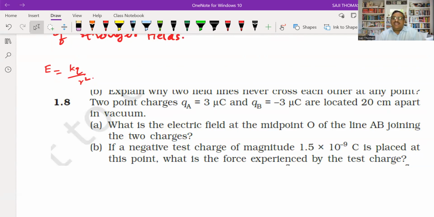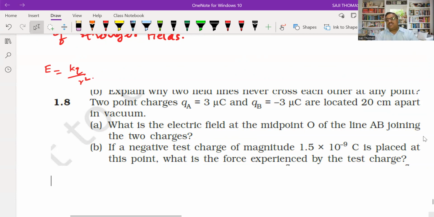If they intersect, there will be two directions for electric field at that point, which is not possible. It can be asked for short questions, that's why I repeated it again. Electric field lines cannot have sudden breaks; they are continuous curves. What is the reason? If they have a sudden break, it would mean there is no electric field at that point, so there won't be any line of force. So it is not possible.